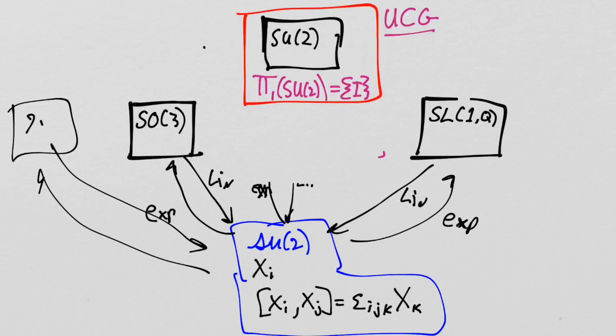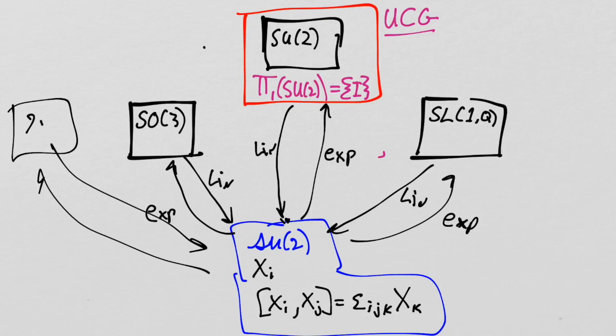All right, so now that we know what the universal covering group is, it is still true, of course, that the universal covering group, when linearized, gives you the algebra, and when the exponential of the algebra is taken, you can find a representation that gives you the universal covering group.